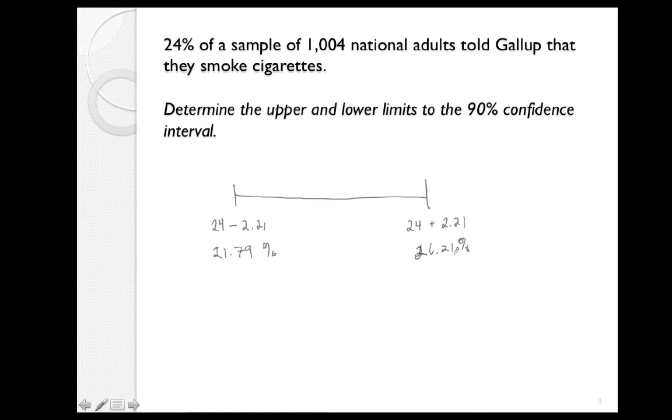All right, so we're 90% confident, or Gallup's 90% confident, that the true proportion or percentage, however we want to phrase it, of American adults that smoke is between 21.79% and 26.21%.